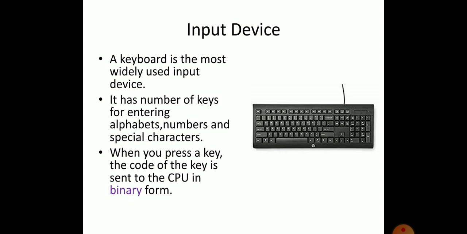Whatever alphabet you press, it gets converted into the binary form, and after that you will see your name on the computer screen. So when you press a key, it's converted into binary form and sent to the CPU, then it displays on the computer screen.